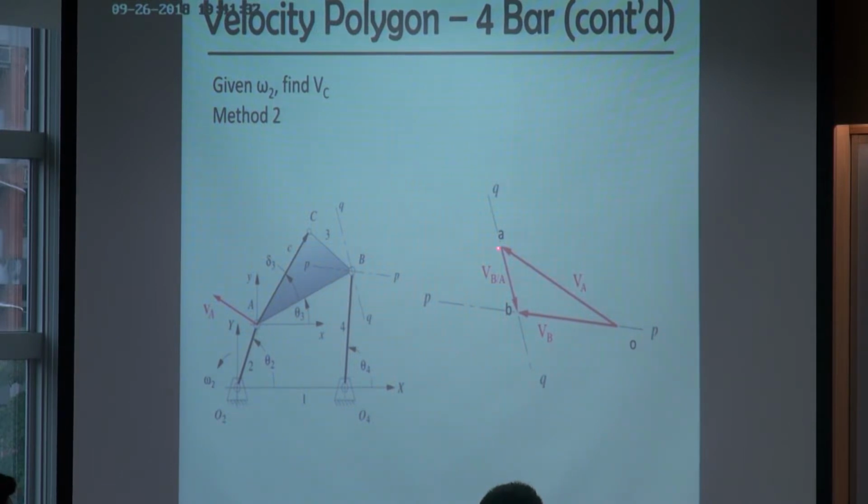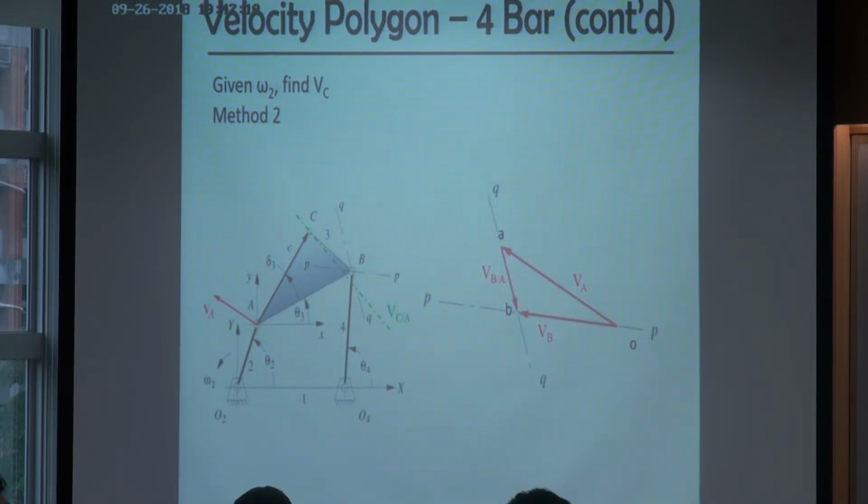So right now we get this VB, VBA, VB and VA. What we can do next is we can try to find two lines. We always draw two lines with unknown length, but with known direction. And we find the intersection of the two lines, then the intersection is gonna be the point we are looking for. So right now we try to find point C in this velocity polygon.